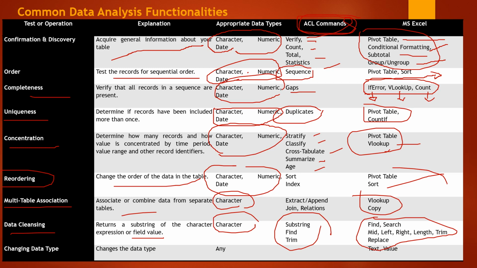More on the text functions, we can trim, we can get the length, we can replace, of course. Changing data type, if we want to change any data type, in MS Excel you can use TEXT and VALUE. So these are common functions. We didn't know that they are CAATs already. They are already used in auditing procedures.